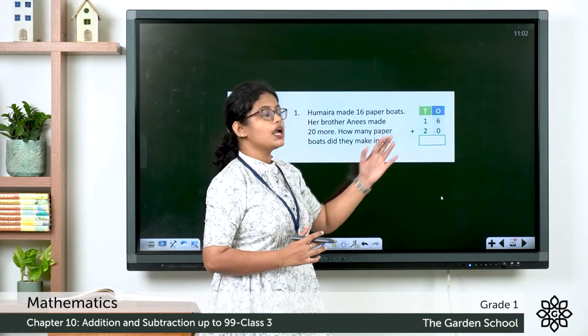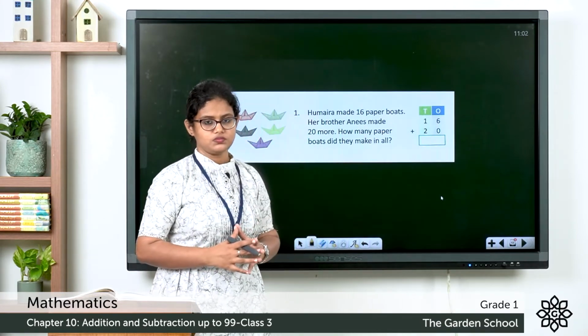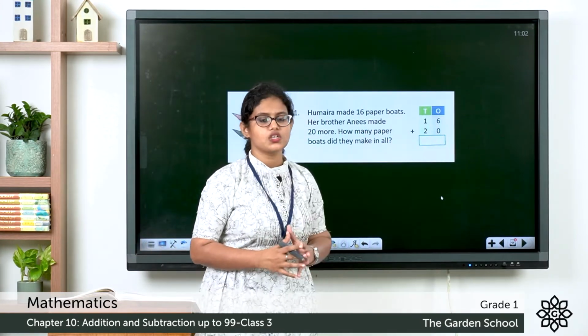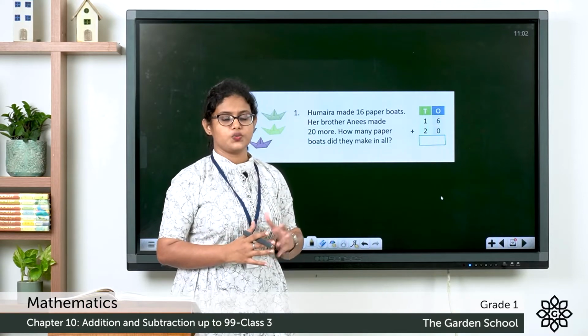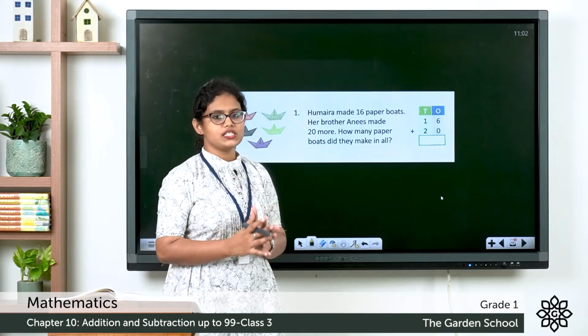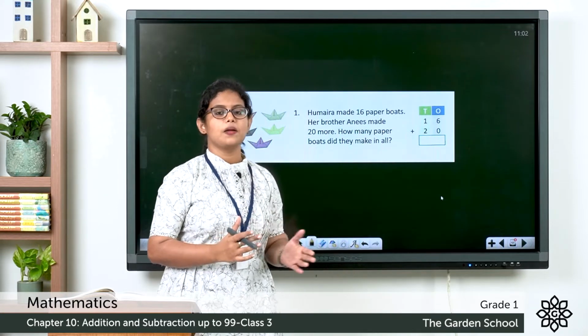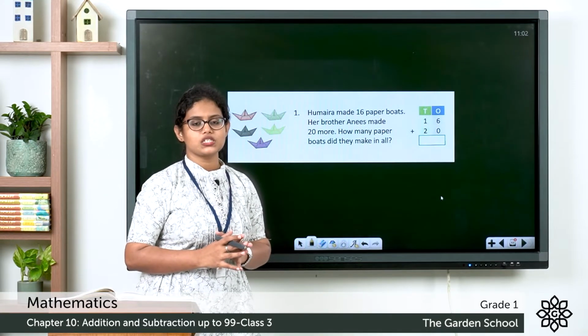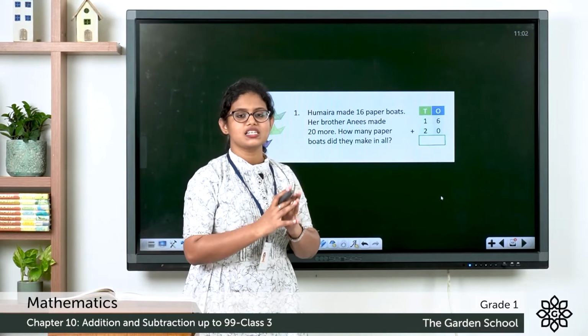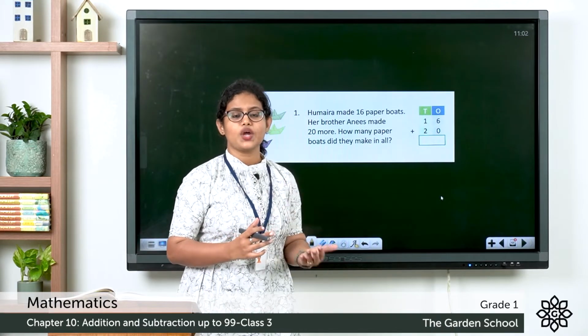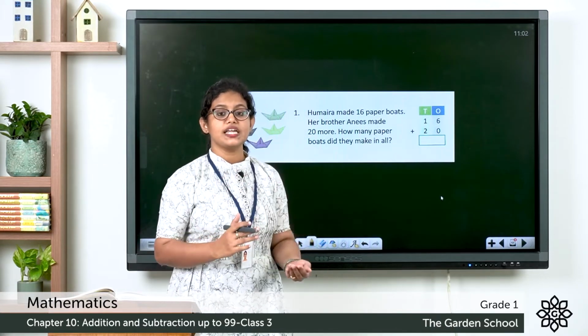So 16 plus 20. So for that, what do we need to do first? We need to see the ones place. We need to add the ones place first. So we have 6 and 0. 6 ones plus 0 ones. What is 6 ones plus 0 ones? That is 6. When you add 0 to any number, you get the same number.